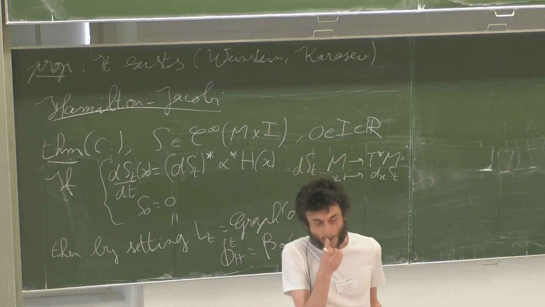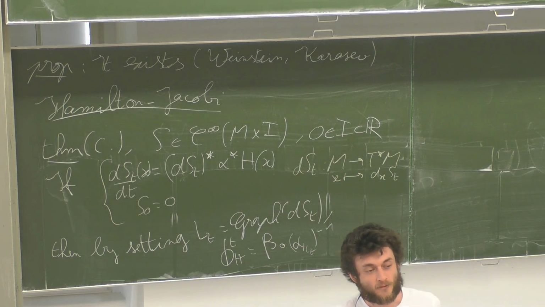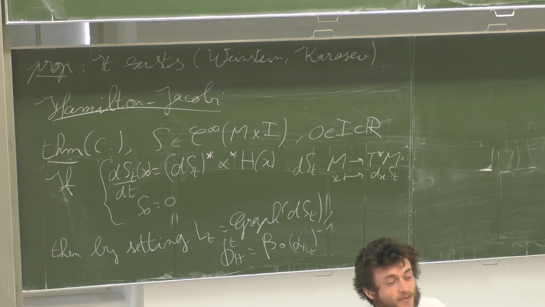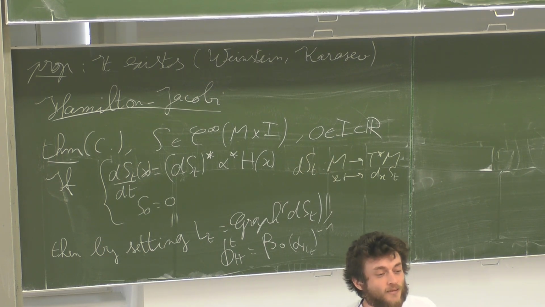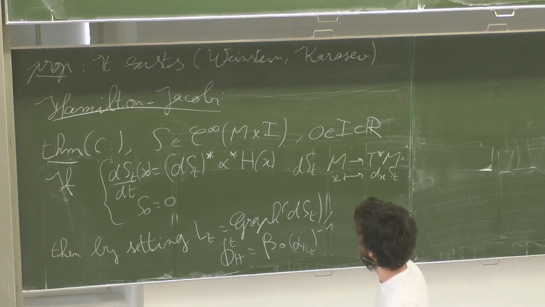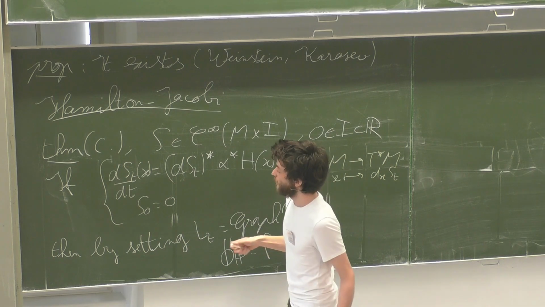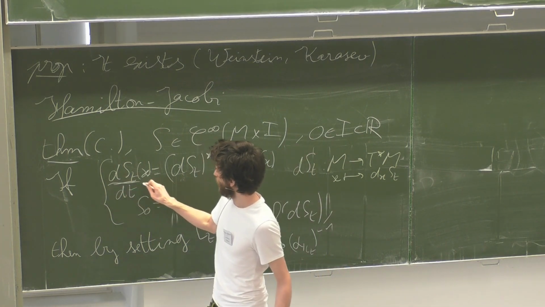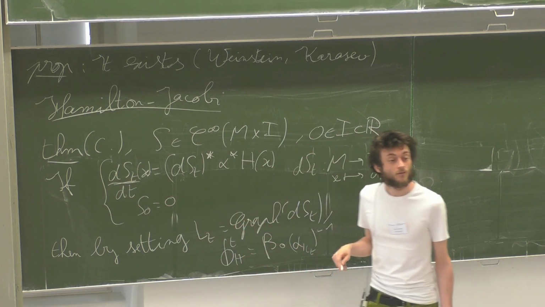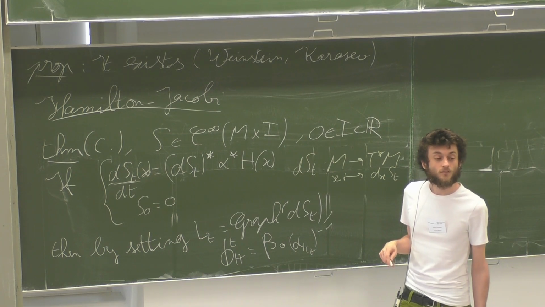H is a function, so this is a zero form, and you are pulling it back by alpha, which is a map.